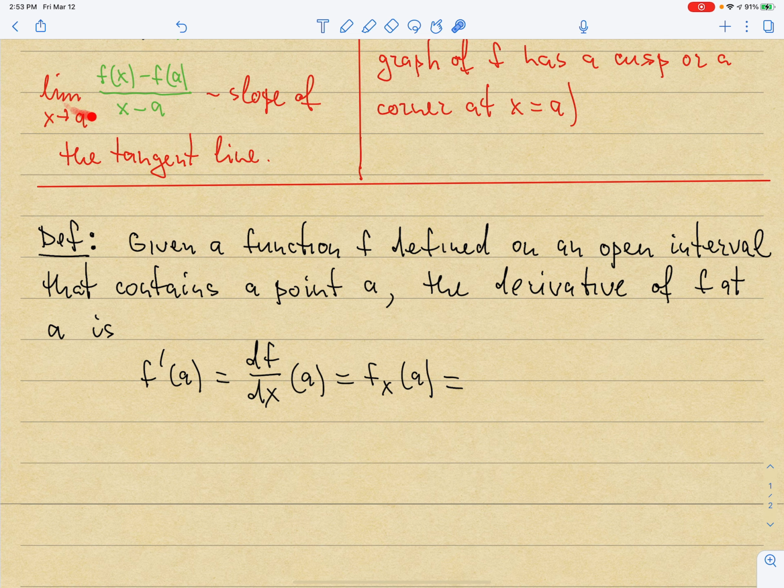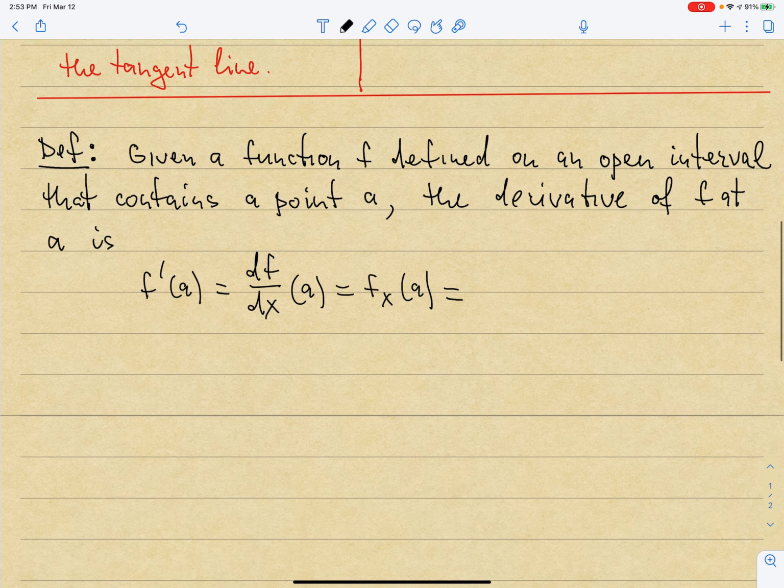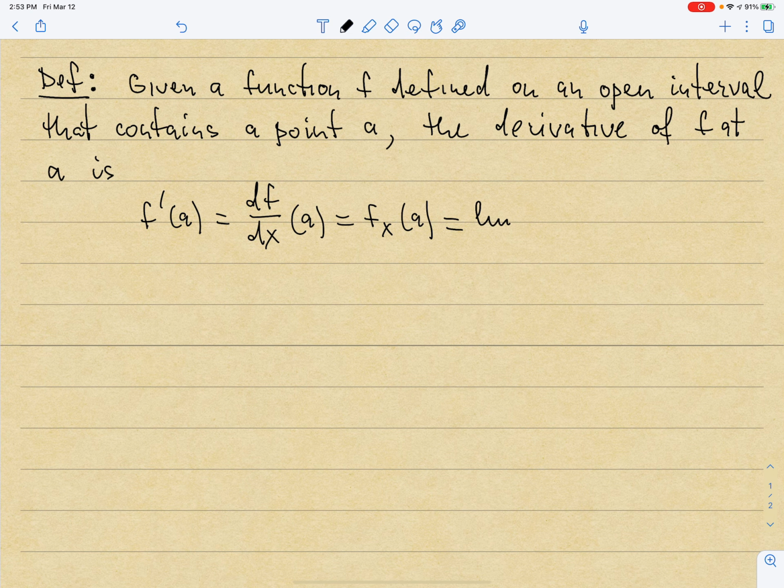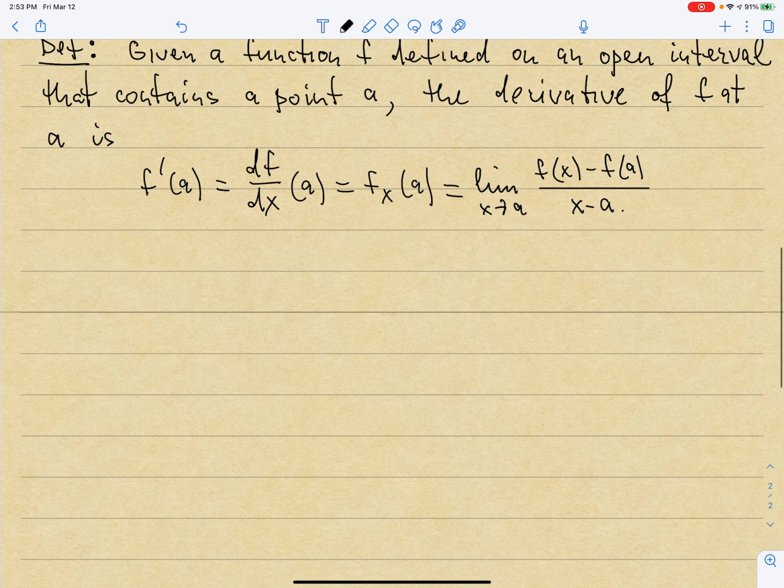So we use this expression for the definition. So it is a limit as x approaches a of f of x minus f of a divided by x minus a. Let's also provide an alternative expression for this, which you already know.